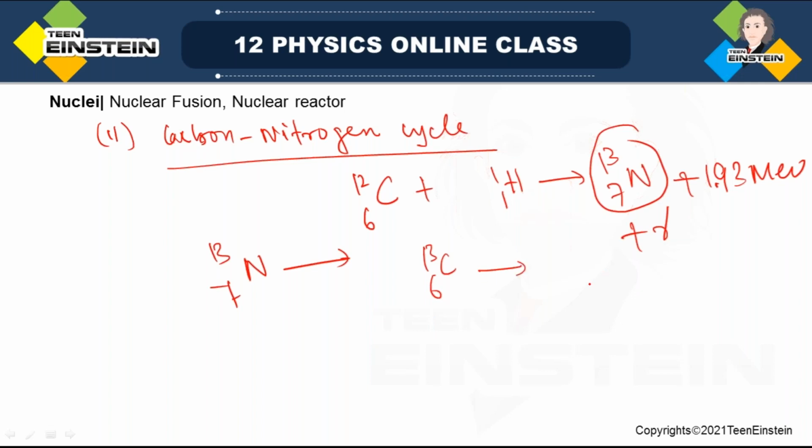Nitrogen 7N13 gives rise to carbon 6C13. Do not consider this as B. It will give rise to a positron, then there will be gamma emission plus the energy.